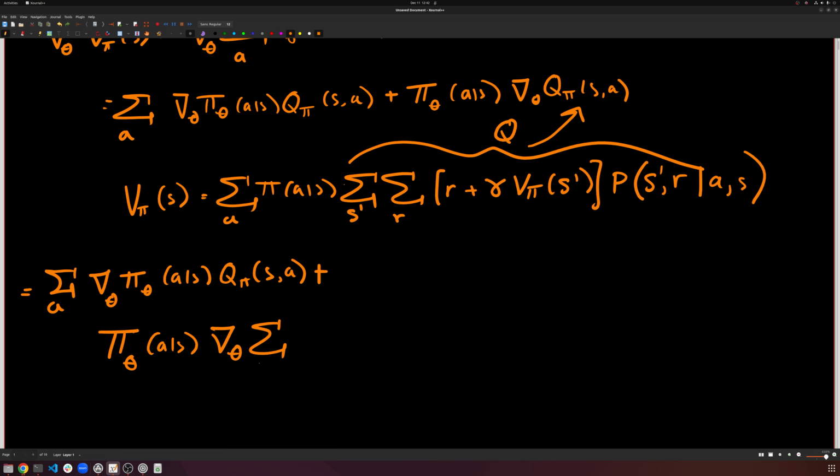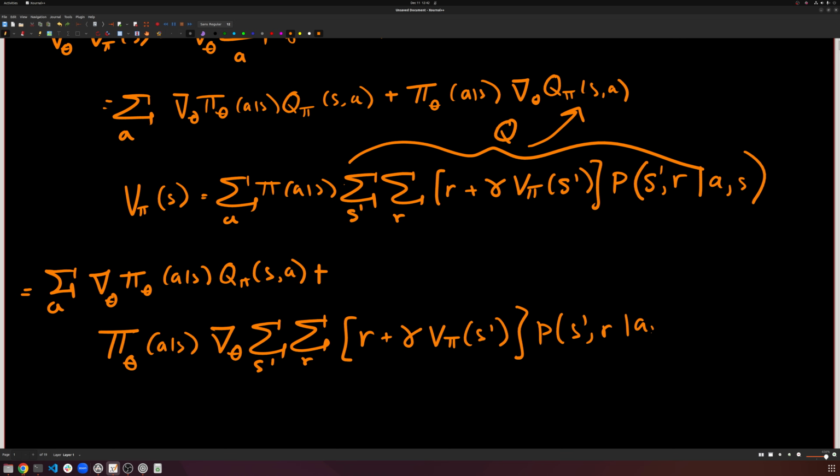So it's the sum over s prime and r of r plus our discount factor gamma times v pi of s prime, and then the probability of s prime, r given a, s. And that's it. Again, there should be a big bracket around all of this, because this outer sum applies to everything inside, including the a's in our expression.